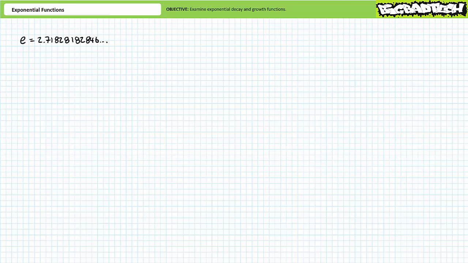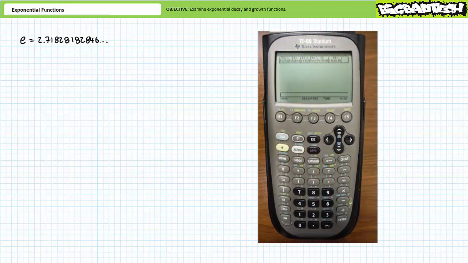E is a number that can be expressed out to an infinite number of decimal places as 2.71828182846 and so on. One obtains the value e by memorizing it to a desired degree of accuracy or by recalling it from a calculator. The Texas Instruments TI-89 Titanium Edition Scientific Graphing Calculator, made in China, makes this possible with a keystroke combo.